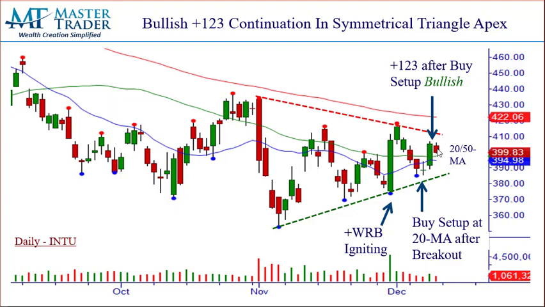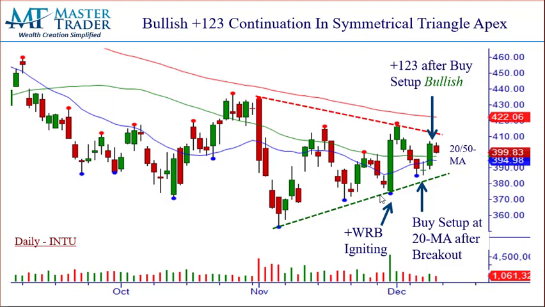So that's a continuation pattern. I like to tell students that if you drop down to a 15-minute chart, this inside bar is actually 26 bullish 15-minute candlesticks that stayed in the upper 1/3 of this bar. The entry is over the high of these two bars, stop under the low. That's our 1, 2, 3 setup.